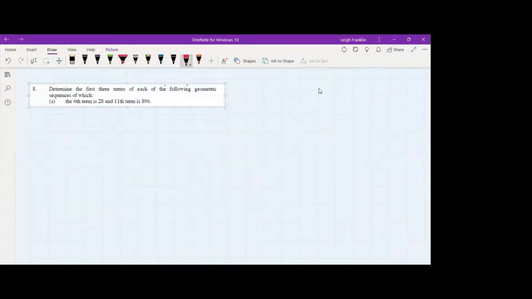So in other words, term 1 is A, term 2 is AR, term 3 is AR squared. So like in the previous lesson, they're not telling us to calculate A and R, but that's what they're implying, right?